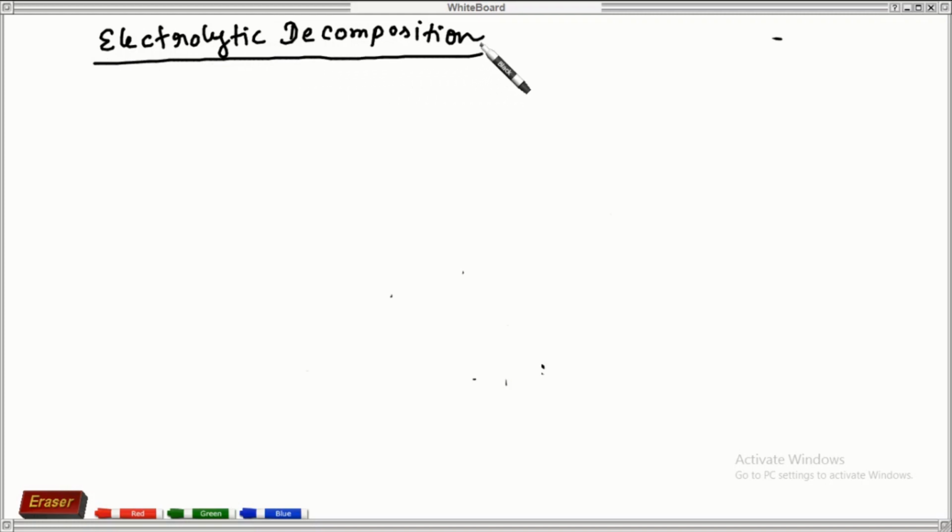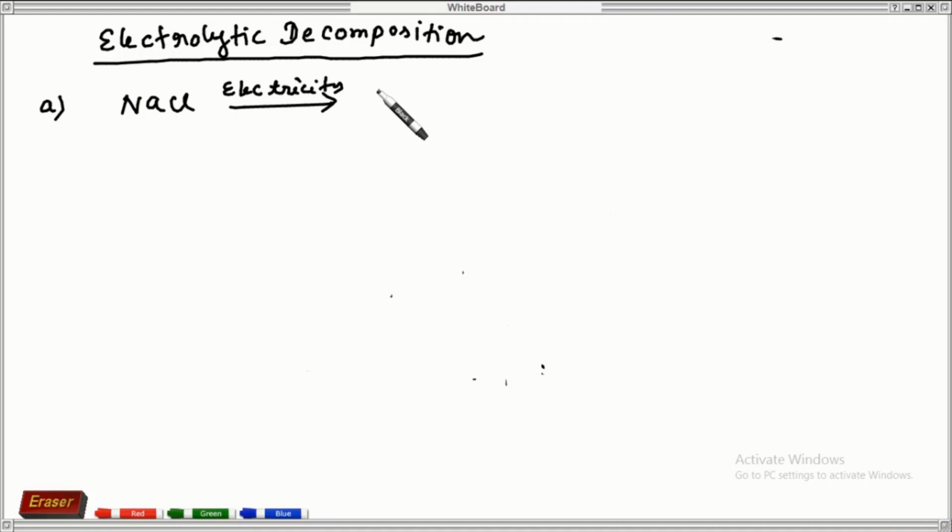In electrolytic decomposition, what happens? For the decomposition we need electricity. Like decomposition of NaCl. This is the first example. It breaks in presence of what? In presence of electricity.